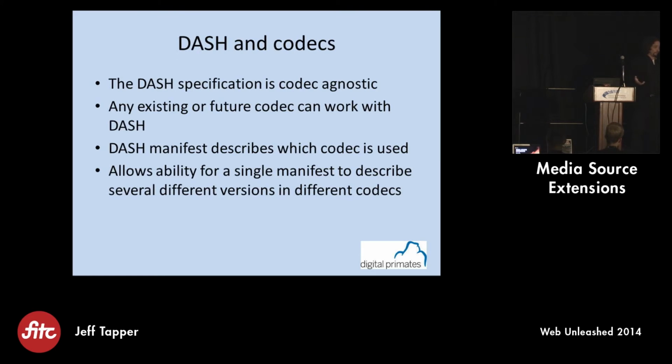Dash is mostly a way of describing where to find the content and describing what the format of the content is going to be. But it doesn't care whether that content is H.264 or VP8 or VP9 or H.265.